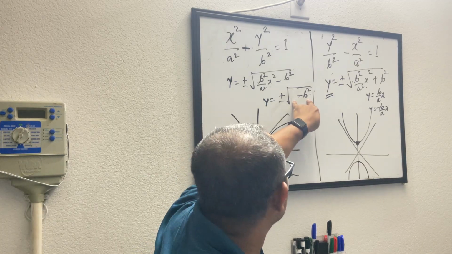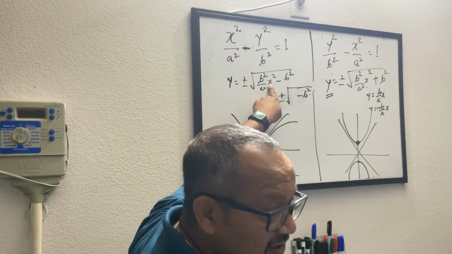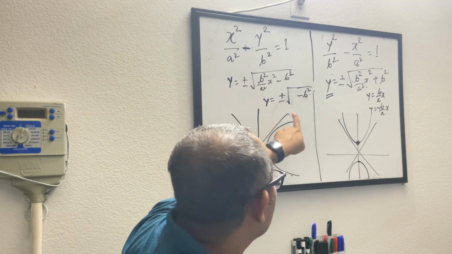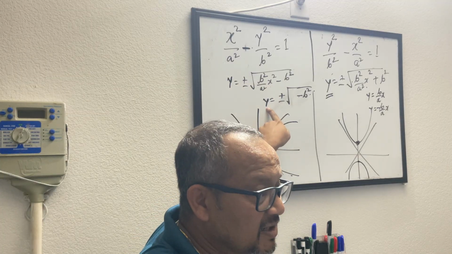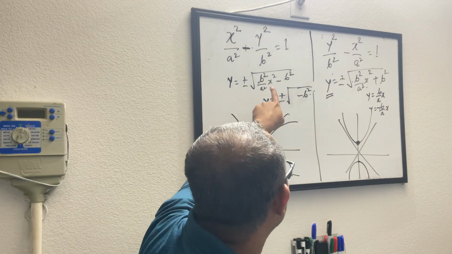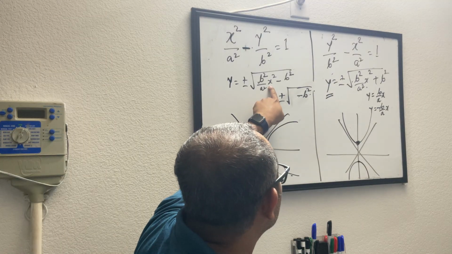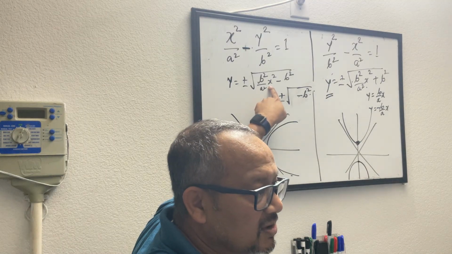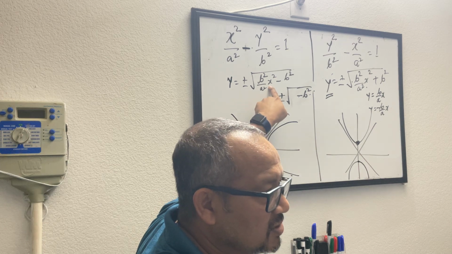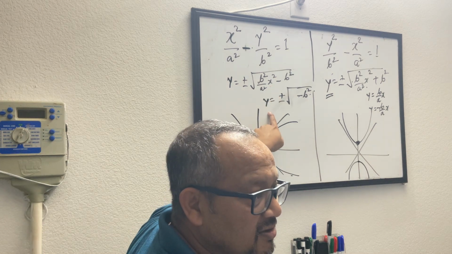So what we are saying is, if I have an x value as 0, then my y value is imaginary, meaning I cannot have an x value as 0 to get a realistic solution.